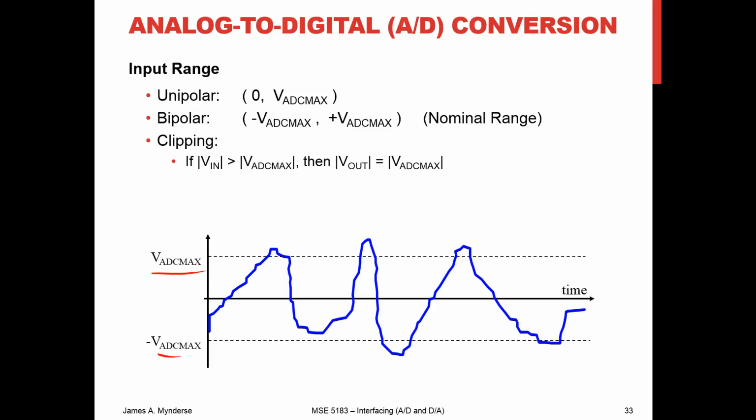Our blue input curve goes outside of that minimum and maximum. What happens? Well, you know that the maximum gets coded to the maximum code, and the minimum gets coded to the minimum code. Then when you go outside of those bounds, you've lost information. And so these things here get coded to the minimum and the maximum codes respectively, and this information is clipped.